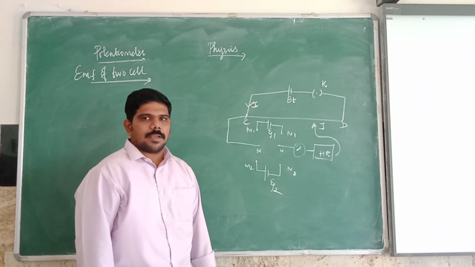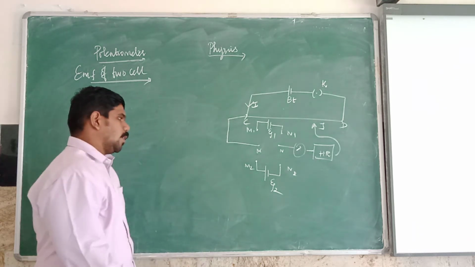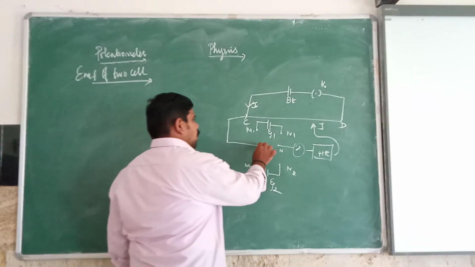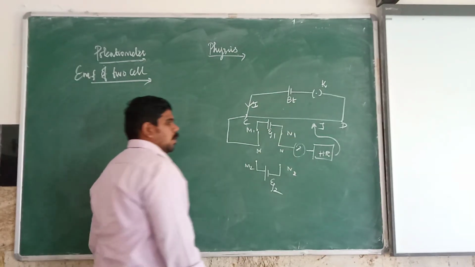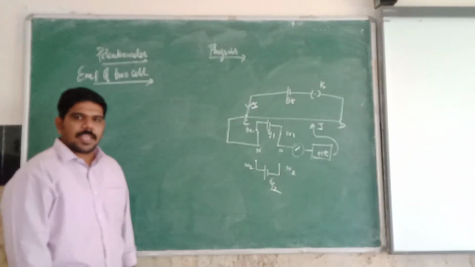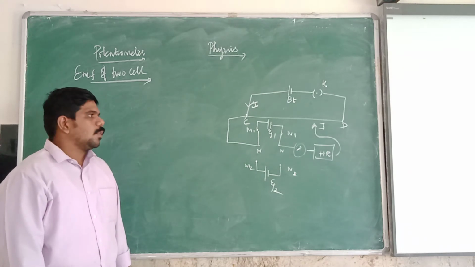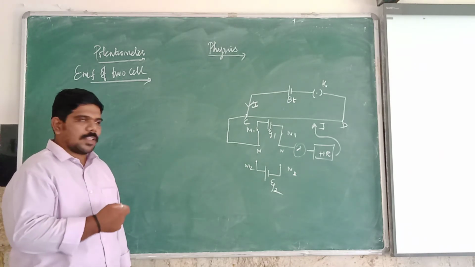Okay, clear? Now the DPDT switch is pressed towards M1 and N1. So the EMF of cell ε1 is included in the circuit.